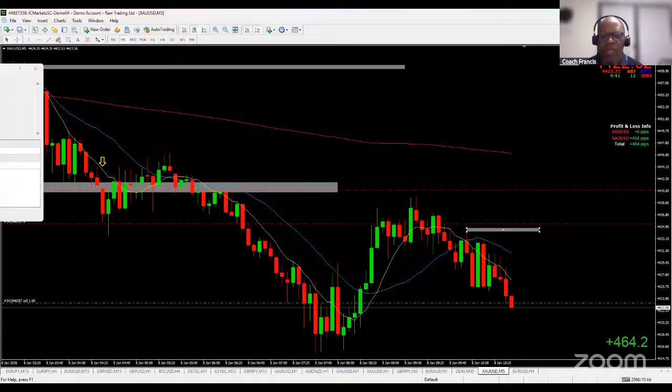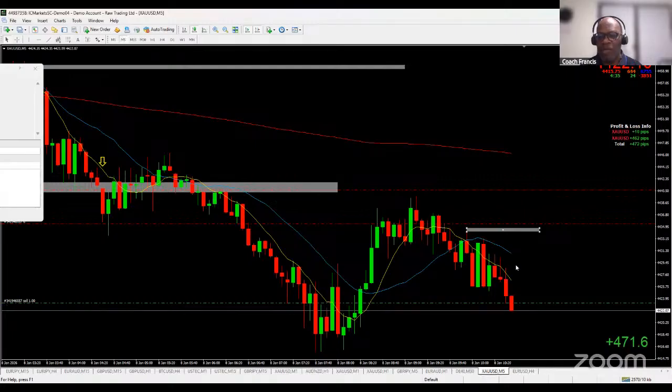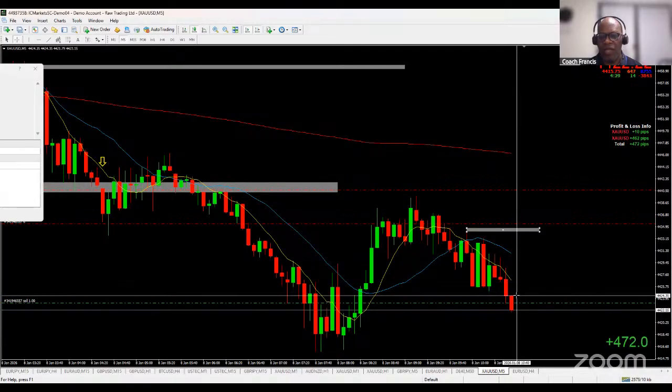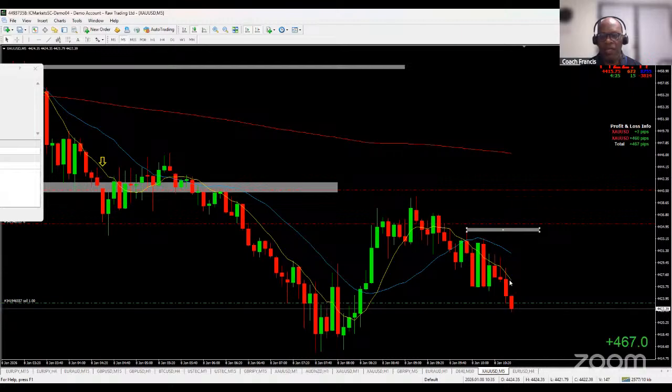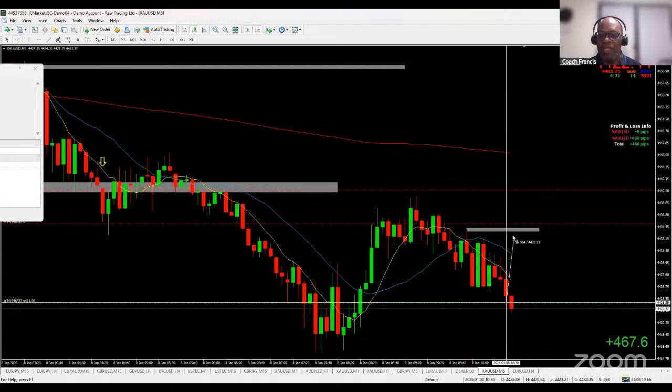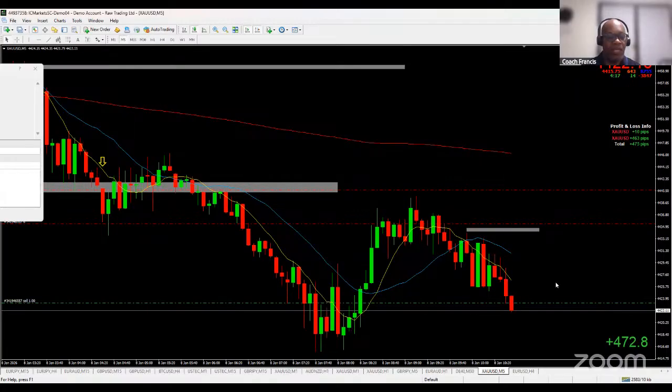If you want to wait for it to pull back up, that's entirely up to you as well. Let's see if I can get a pullback. If we can pull back, this is where the stop loss is going to be. That's going to be about 112 pips. Let's see if we get a pullback, guys.